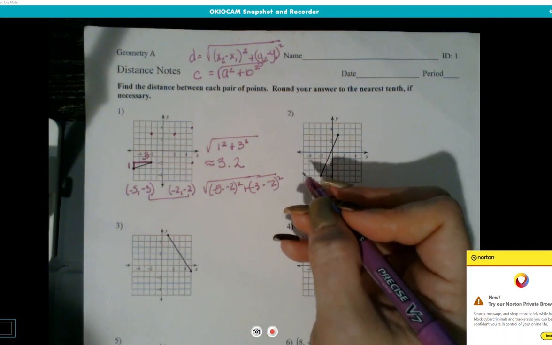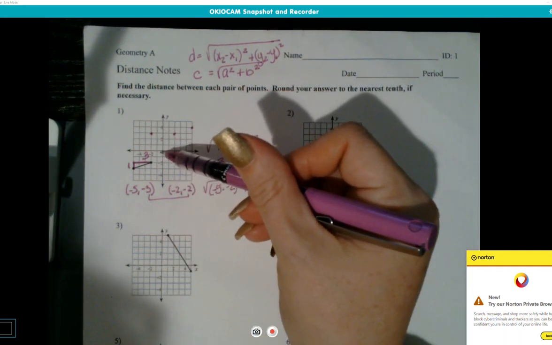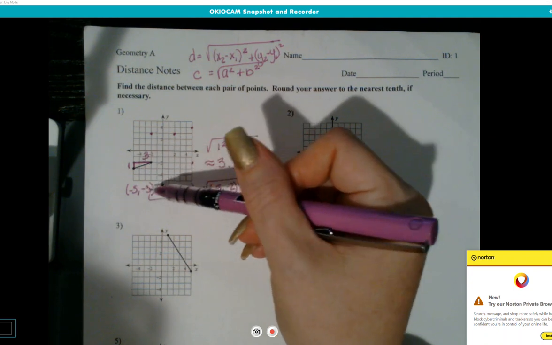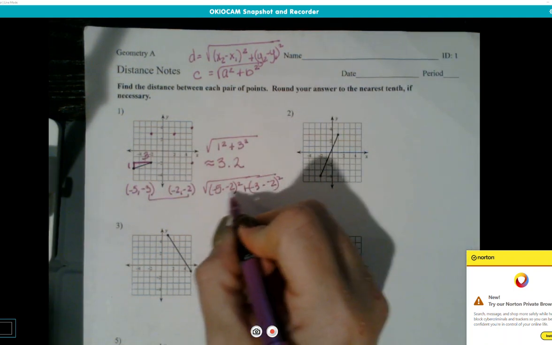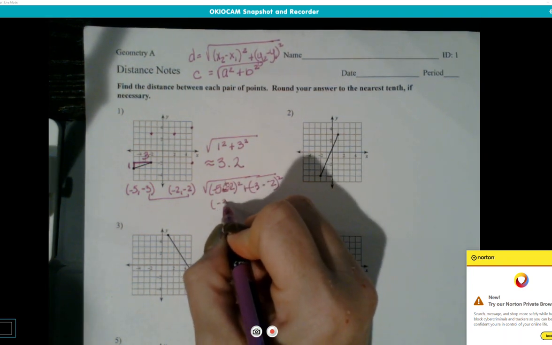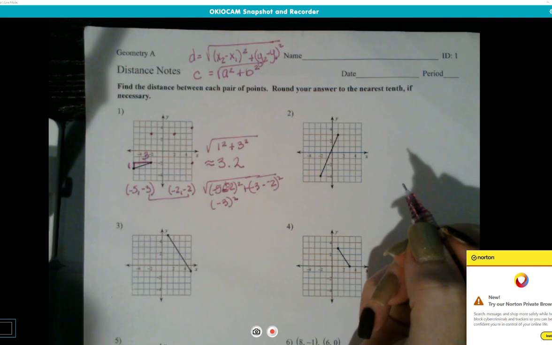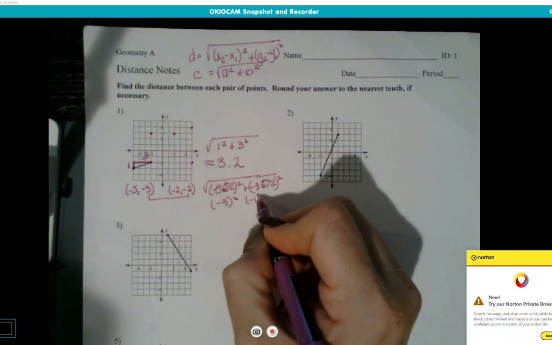If you look at this, I may have done that wrong. That's -2, -2. That's -5, 1, 2, 3, -5, -3. -3 minus -2. Okay, yeah, I'm good. So when I do this, -5 minus -2 is actually -3 squared. And then -3 plus 2 is -1 squared.